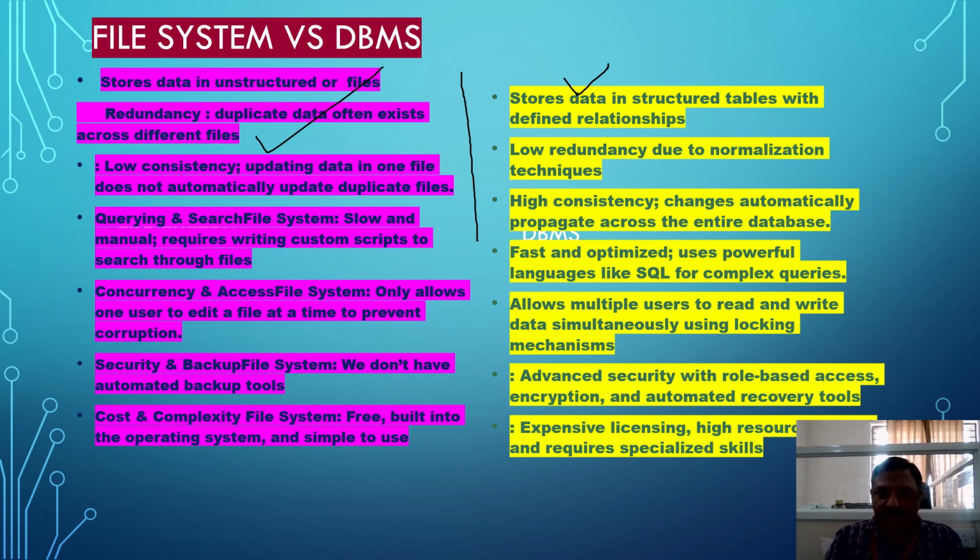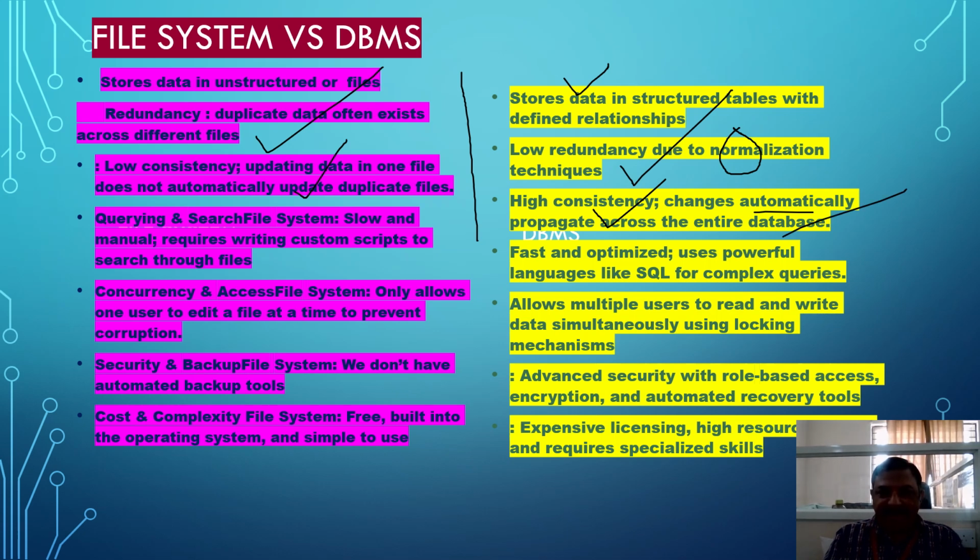In DBMS, there is low redundancy due to normalization techniques. We have some techniques called 1NF, 2NF, 3NF, 4NF and 5NF normalization techniques. Because of this, the redundancy doesn't occur in DBMS. In a file system, there is low consistency: updating data in one file does not automatically update the data in another file. In DBMS, there is high consistency: changes apply automatically across the entire database.